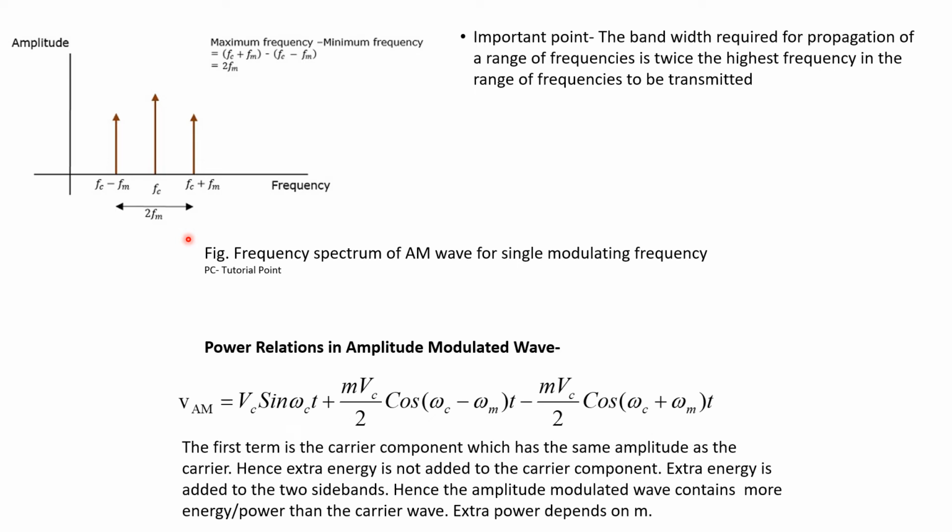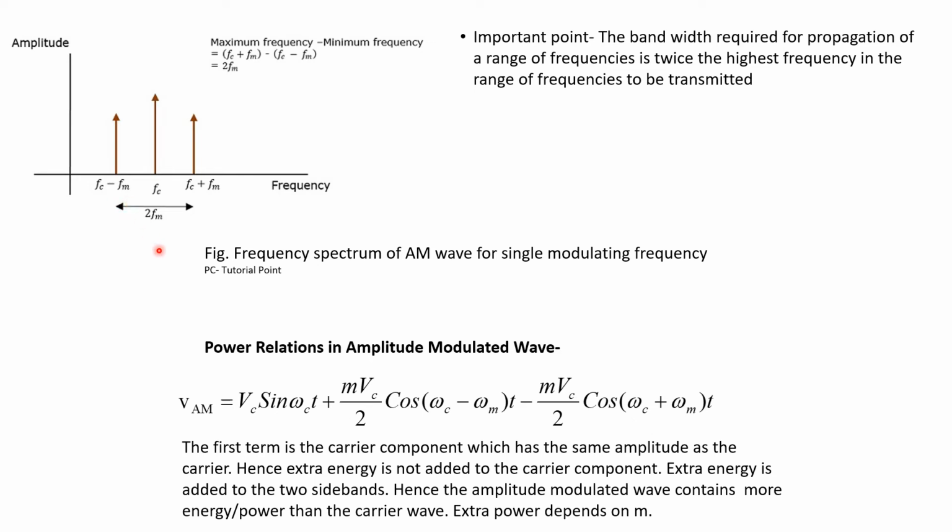But in the present case, we have a single modulating frequency Fm which is to be transmitted. The carrier frequency is Fc. The upper sideband will be Fc plus Fm, the carrier frequency plus the modulating frequency Fm, and the lower sideband will be Fc minus Fm.